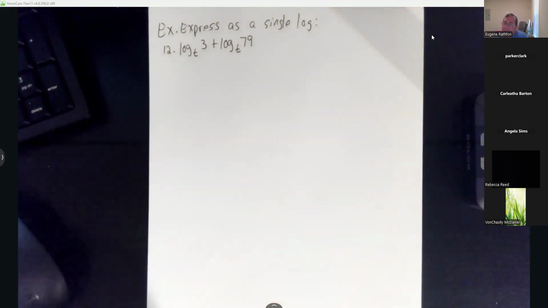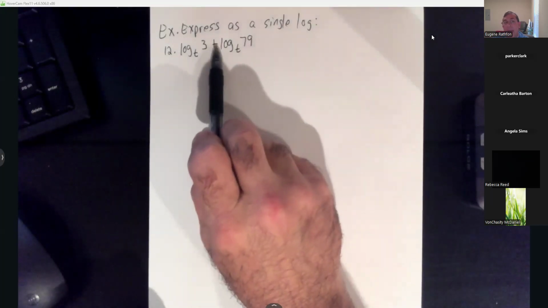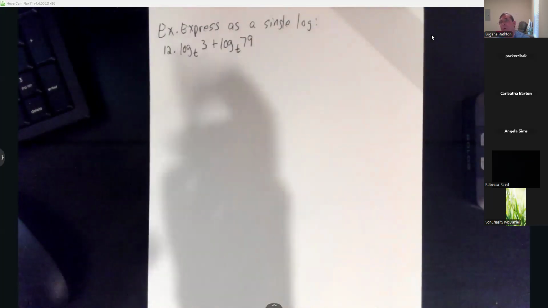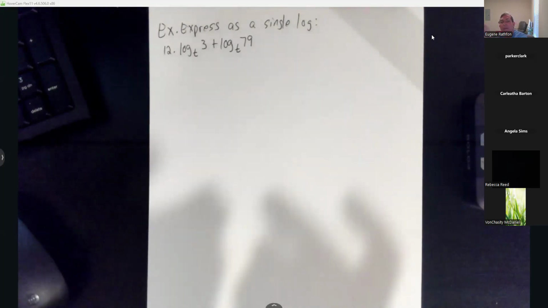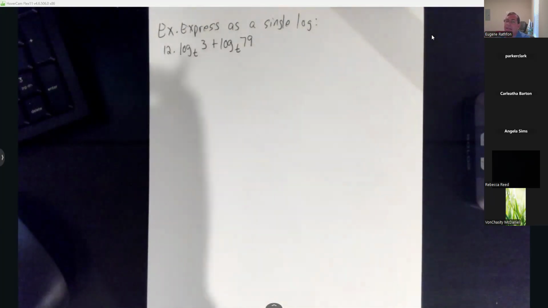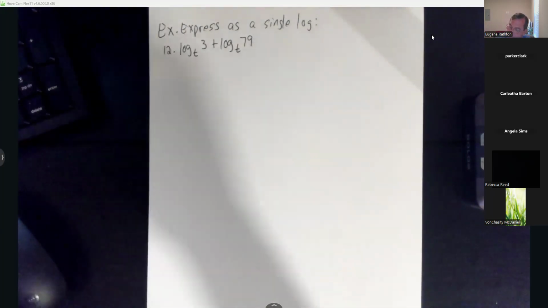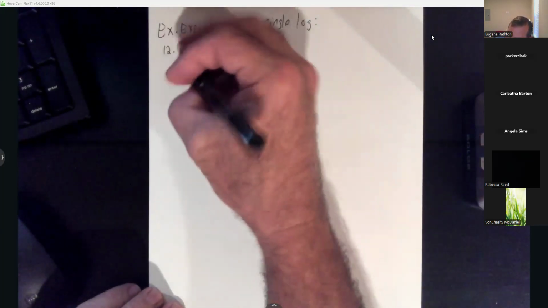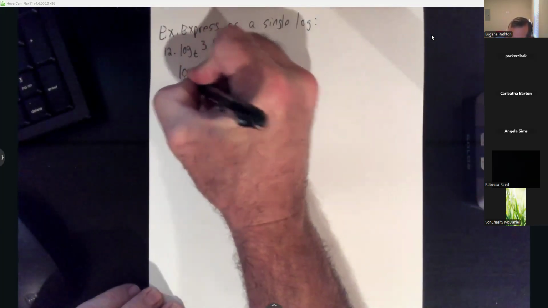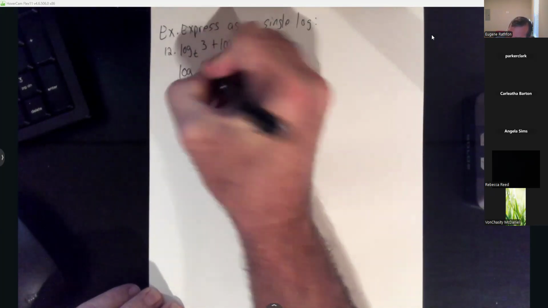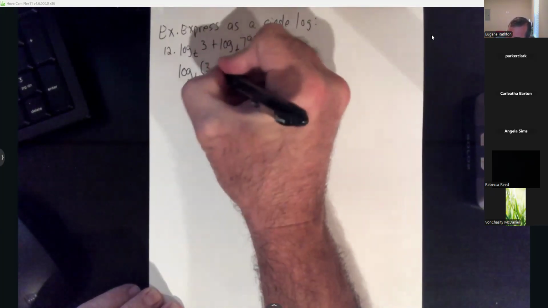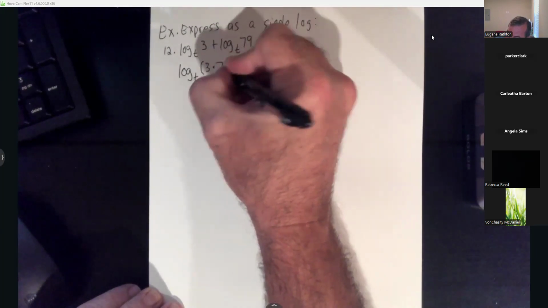If I'm going in reverse, let's think about this. These are being added. So going in reverse, the ones that are being added need to be written as a product. So we pulled out that log base t, and my product will be the 3 times 79.